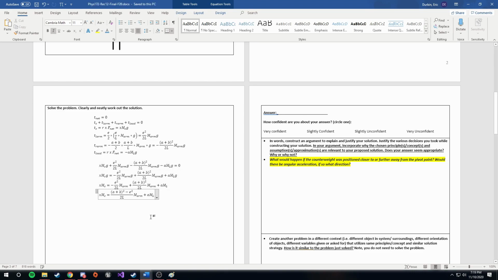Algebra. And then just the whole thing divided by MC. What I got: x equals negative b plus or minus the square root of b squared minus 4ac, divided by 2a.